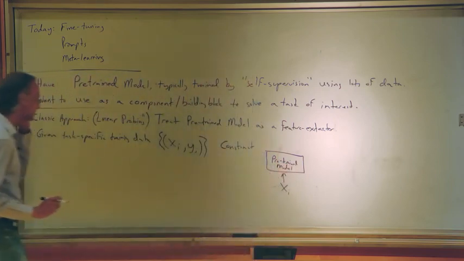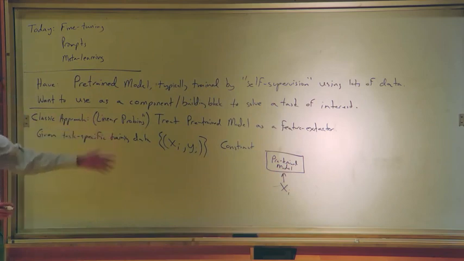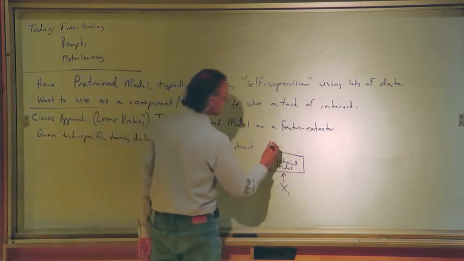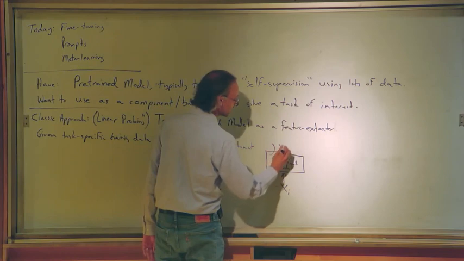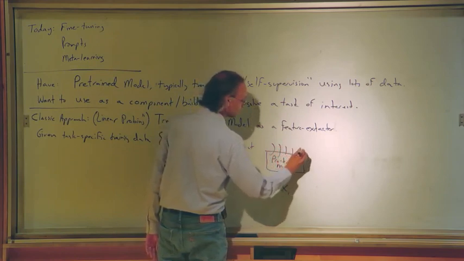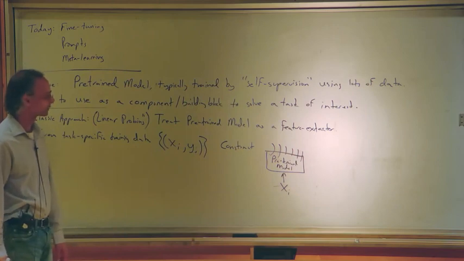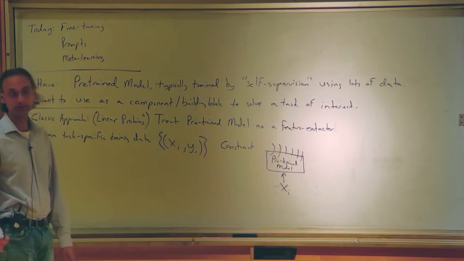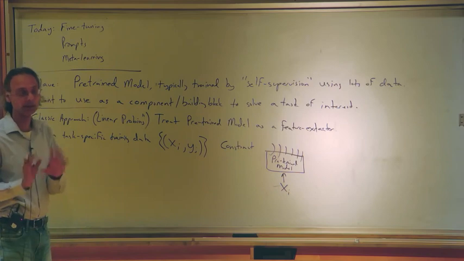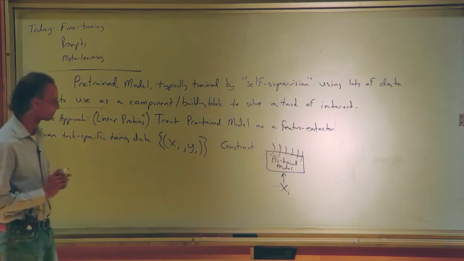And what you do is you extract features from here. So you send probes in. Think of it as little wires that you're sending into here. These are probes that you put into the pre-trained model, which are looking at, for example, activations in different places.